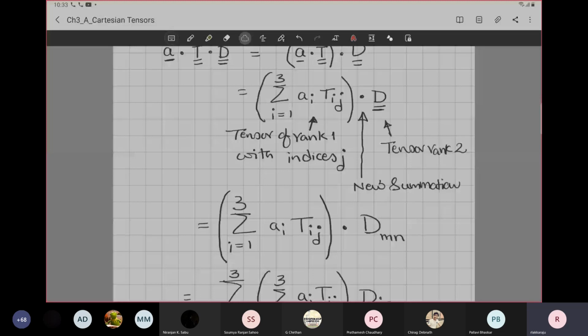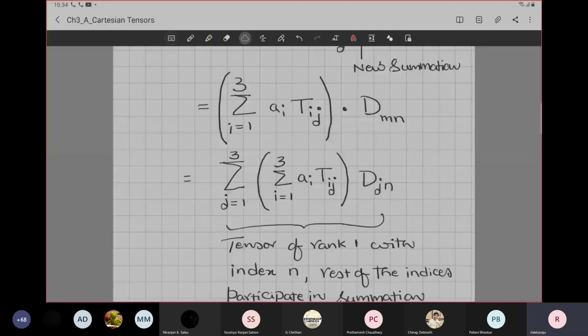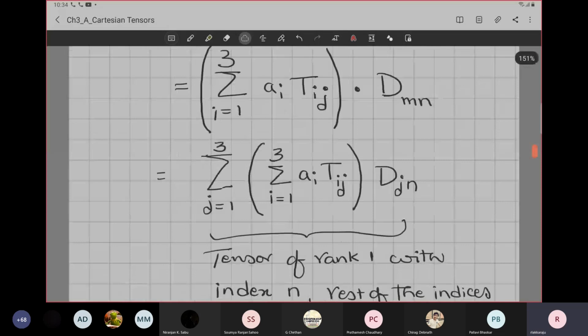Now I would like to condense the dot. That means one summation is already there, which already condensed AI Tij. The index left over for AI Tij is J.